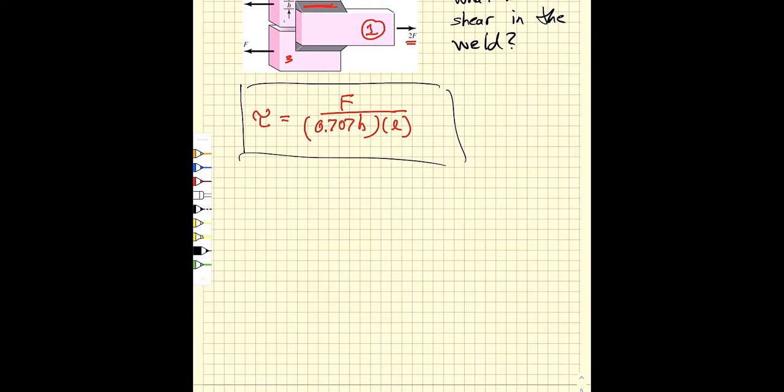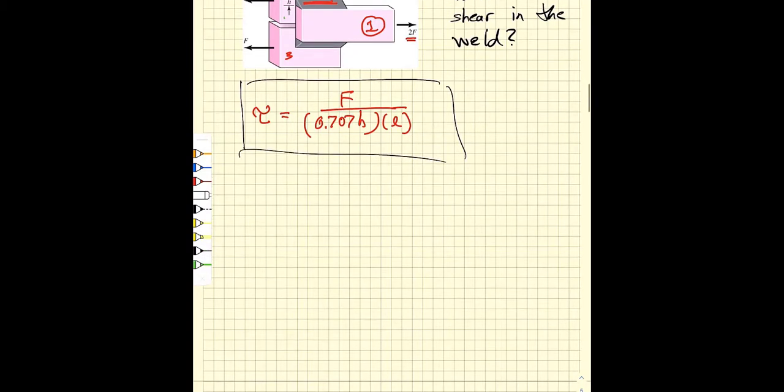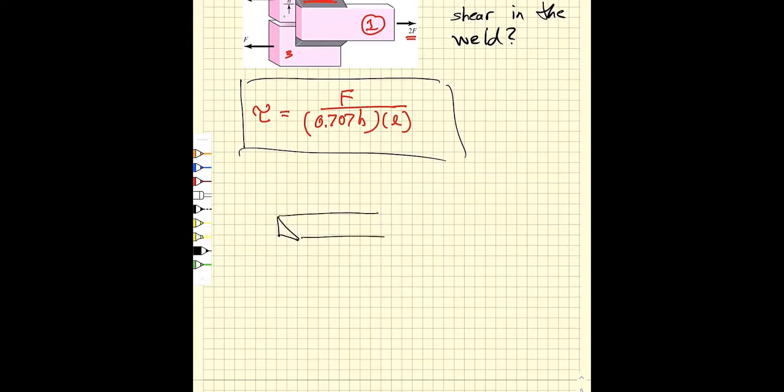If you look at either of these fillet welds, you can see that if I three-dimensionalize those fillet welds, the load is transferred as shear stress. And we will then calculate the shear stress not using the dimension H, but instead using a reduced dimension, which is associated with the throat of the weld. So we're looking at this smaller cross-sectional area in order to calculate that shear stress.